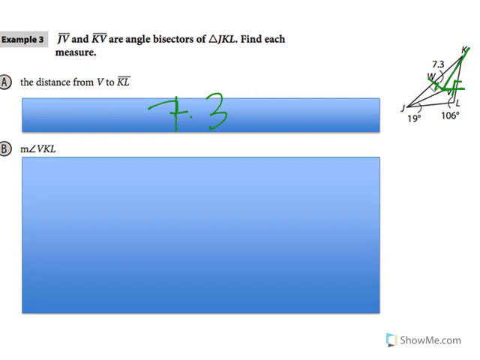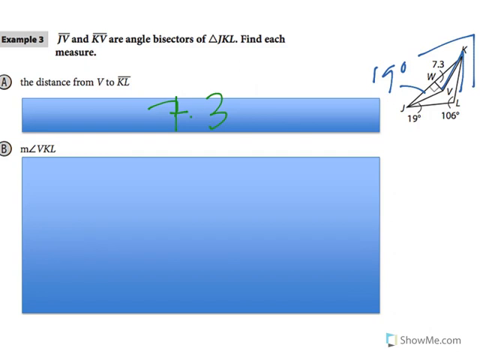Now we're looking for the measurement for the angle VKL, which is this part here. We know that the sum of a triangle is 180. We know that this is 19 degrees, so let's look for this larger angle first.